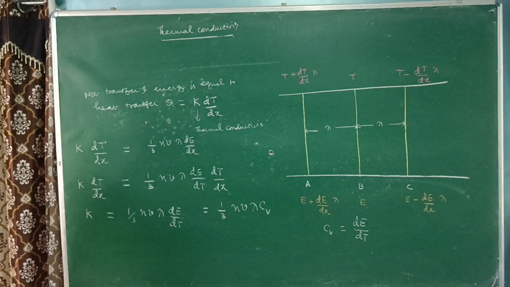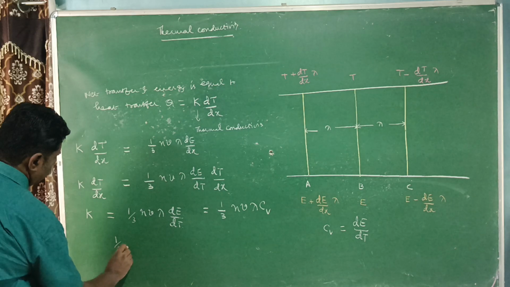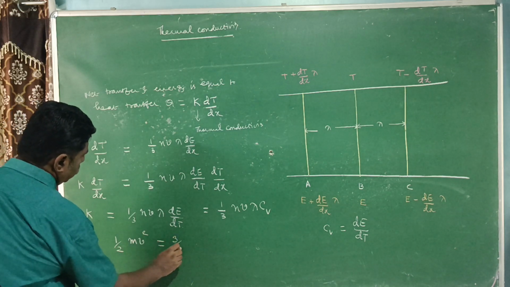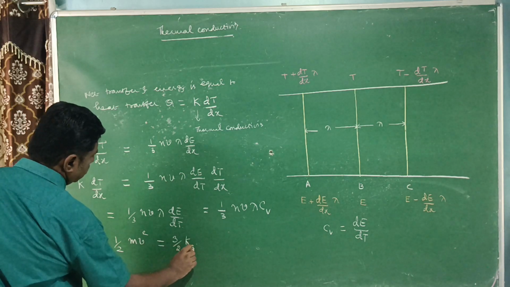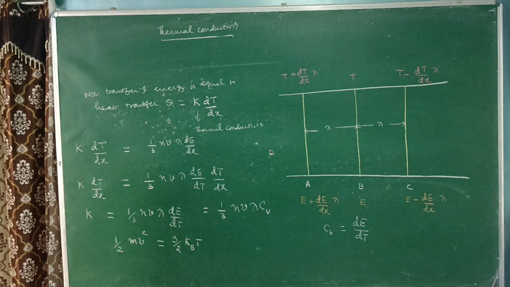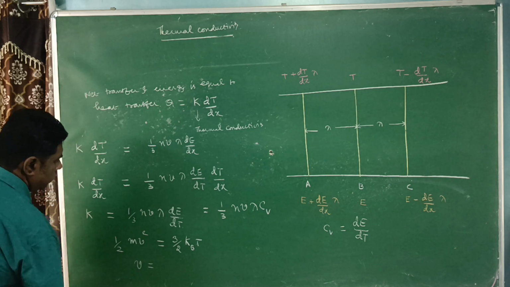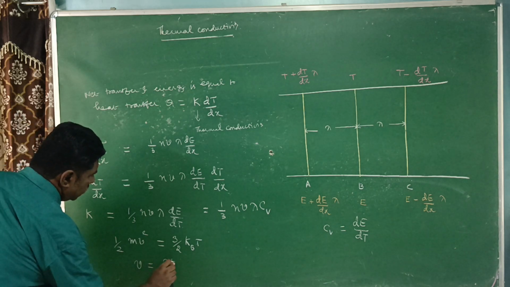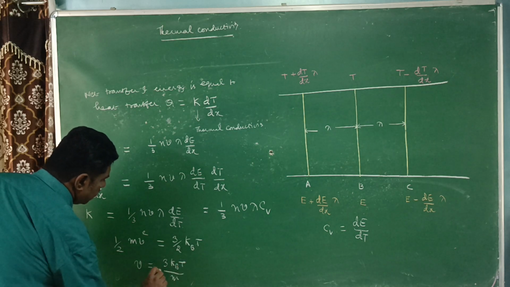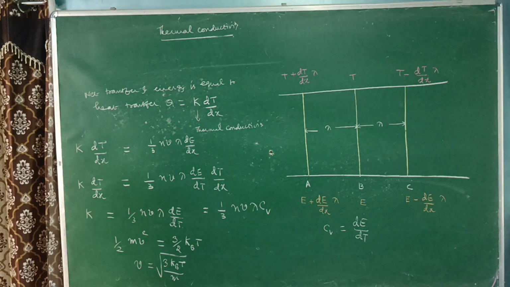Now, according to the kinetic theory of gases, half mv square is equal to 3/2 into kB into T. From this, the value of v equals the square root of 3 kB T divided by m. This is the value of v.